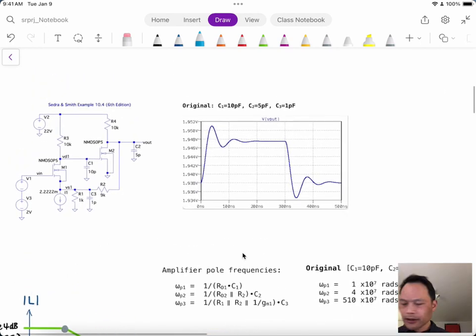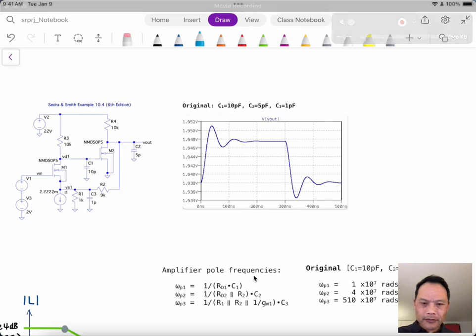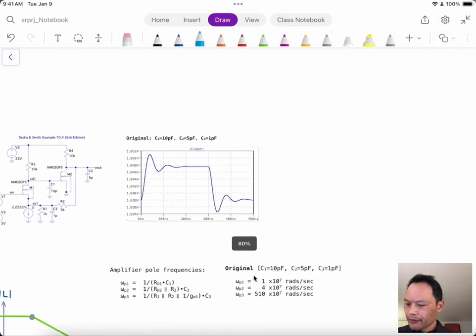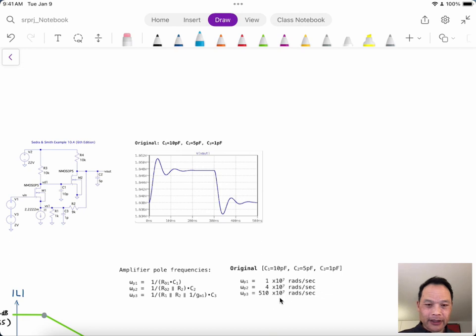We can now think about the actual locations of the poles, and we can see, using the expressions and the values of the circuit elements, that the first pole is at 10 megaradians, then 4 megaradians for the second pole, and the third pole is way up at 510 times 10 to the 7 radians.